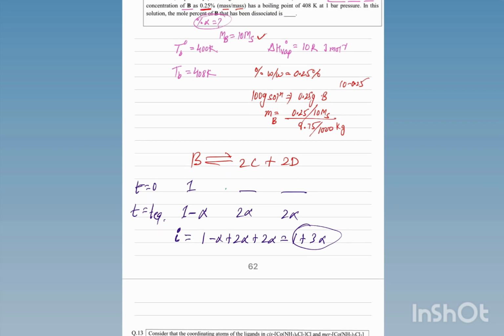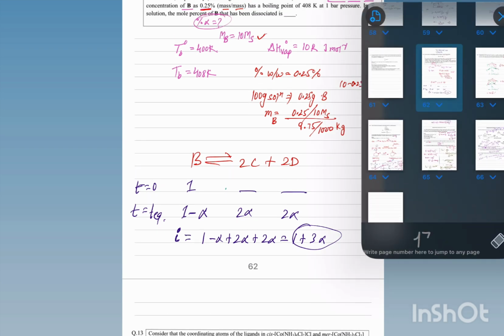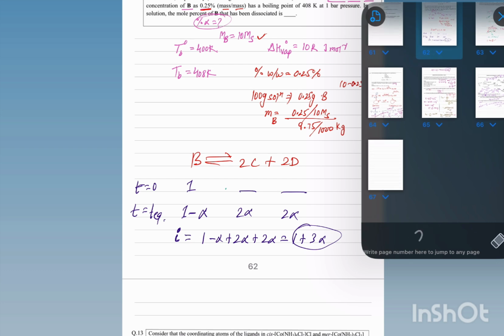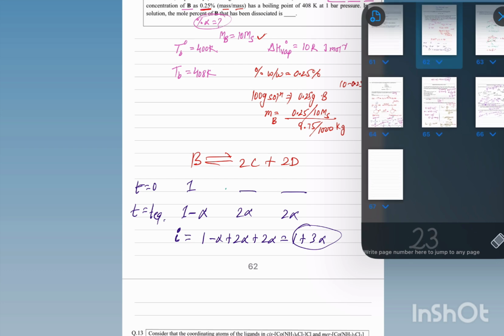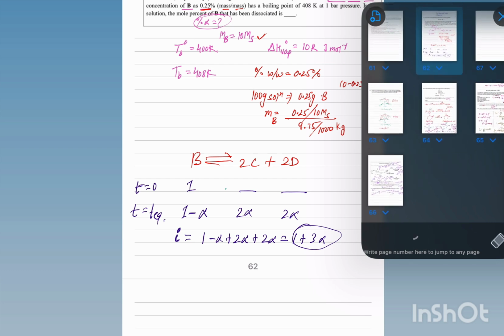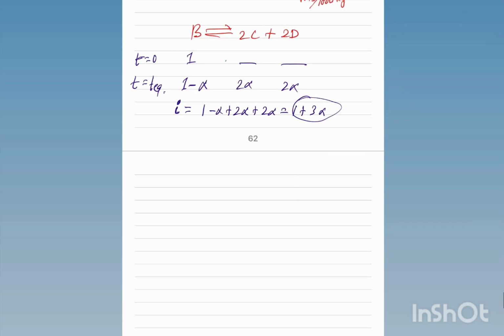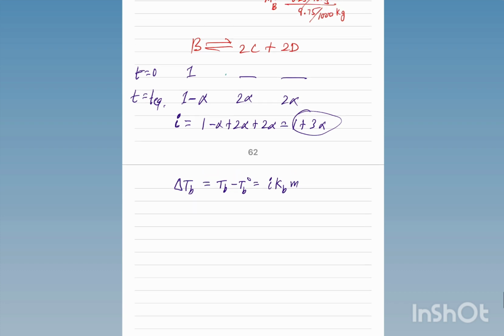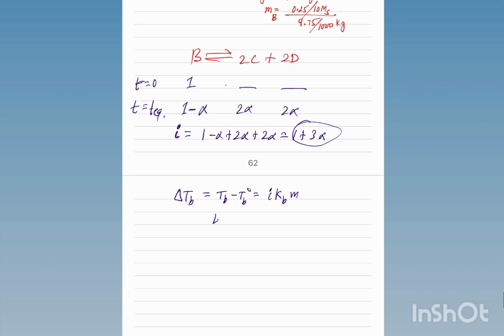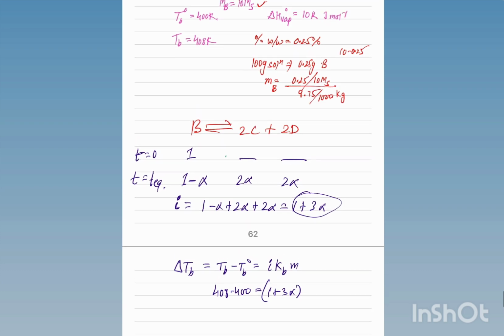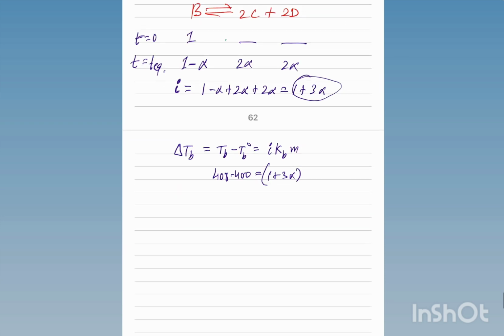So from here, we can calculate. We know delta TB is equal to TB minus TB naught, which is equal to i into Kb into m. Here delta TB is 408 minus 400, and i is 1 plus 3 alpha, and Kb we can calculate.